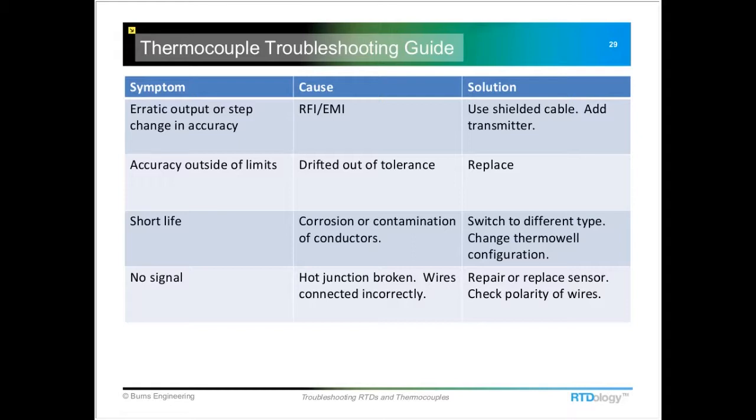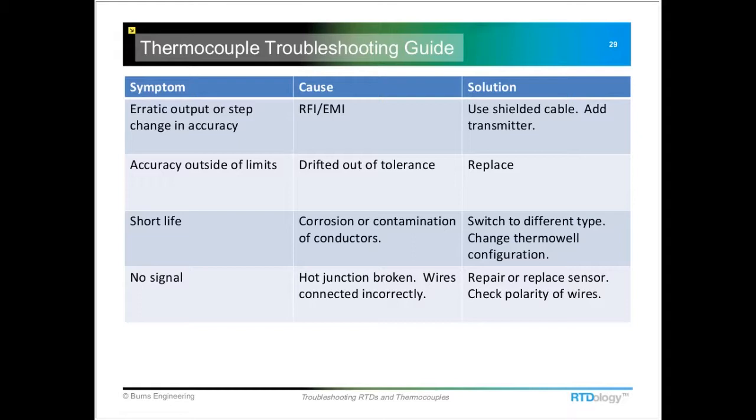And if you're trying to run the thermocouple extension wires from your process a long distance over to a control panel or something, that can open up some potential problems with an erratic output.